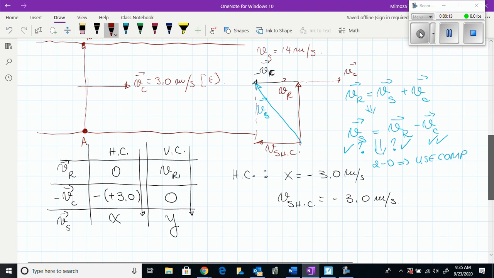Since this is with the shore as well, we can find the angle alpha here.